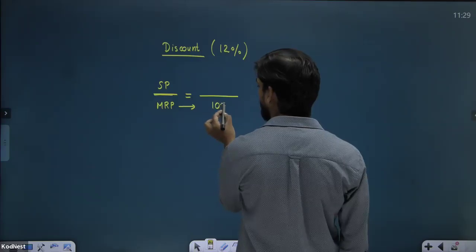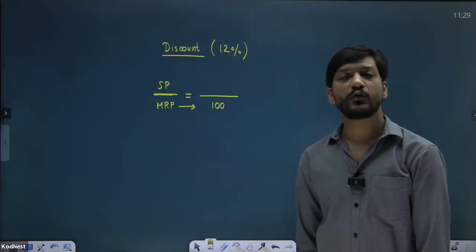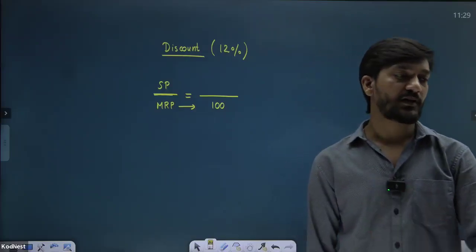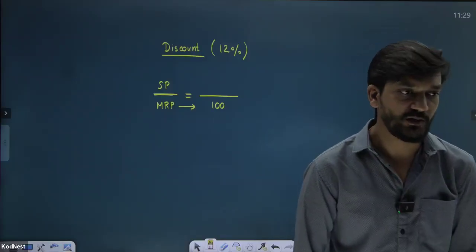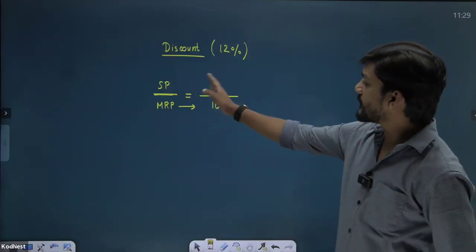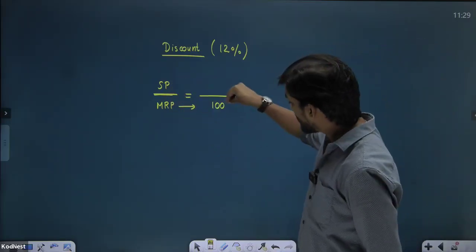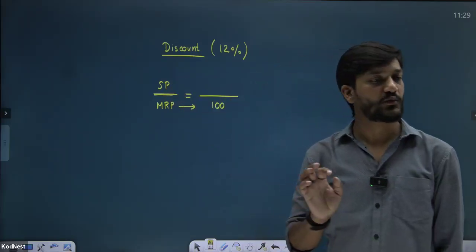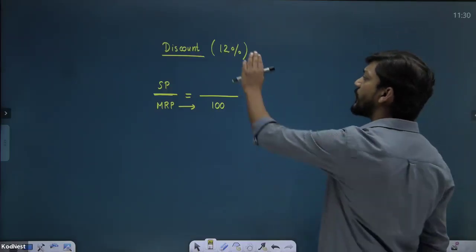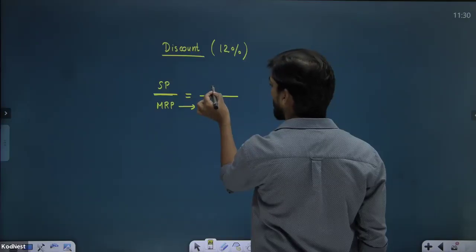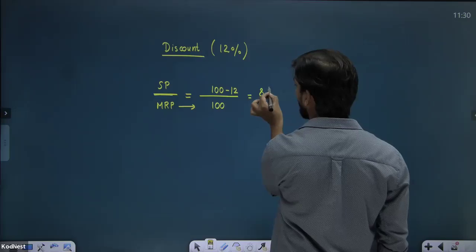So in front of base, write 100. If 100 is your MRP, at what price the product will be sold after the discount? At what price the product will be sold? That value you will write in front of selling price. Actually, I'm not saying mark the price 100. I'm just saying in front of mark the price, write 100. This is what I'm saying. So if 100 rupees marked price, 12 rupees discount. So selling price 100 minus 12. So finally you will get 88 by 100.